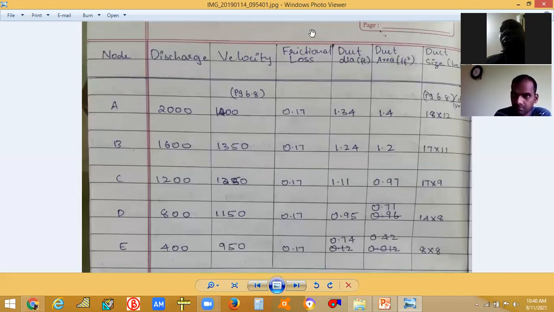Node, discharge, velocity, friction loss, duct dia in feet, duct area in feet square, duct size in inches. Complete these 2 columns also.